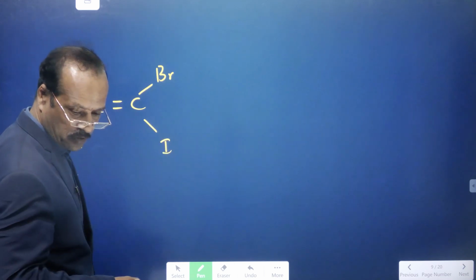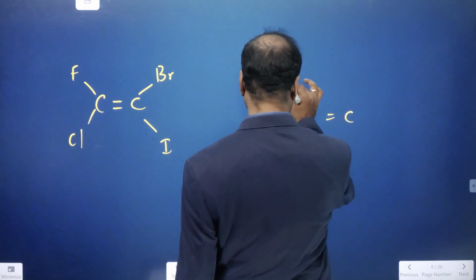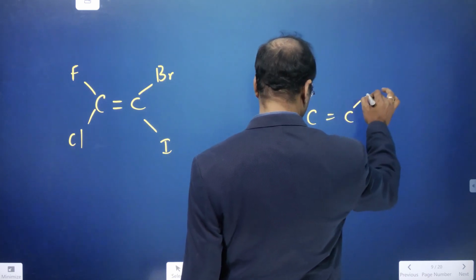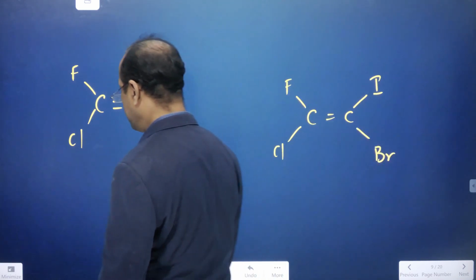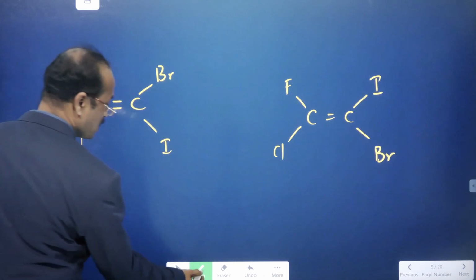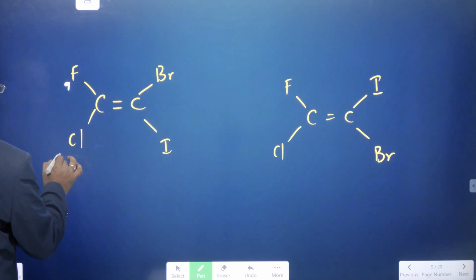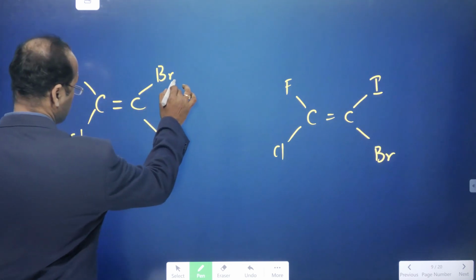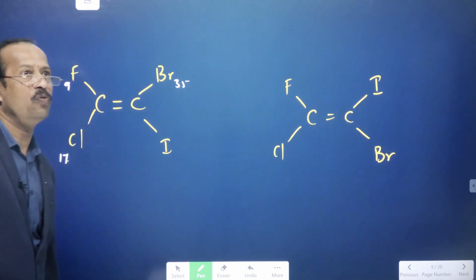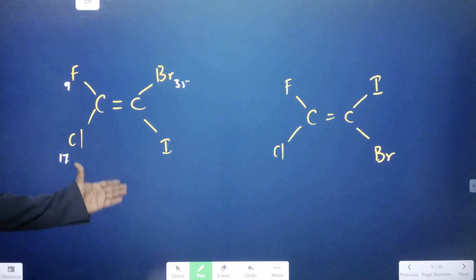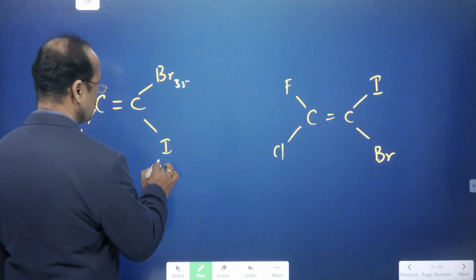On the other carbon there is fluorine and chlorine, but here iodine is given up and bromine is given down. Clear? So you know the atomic numbers, we already discussed. The atomic number of fluorine is 9, chlorine is 17, bromine is 35. For iodine, what should you add? 35 plus 18, so that becomes 53.